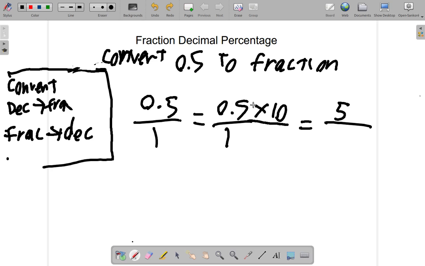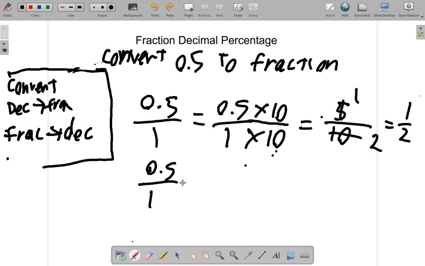It's like moving the point one place to the right. But 0.5 by 10 is actually 5. But we must compensate by multiplying the 1 by 10 too, so it's 5 over 10. So 5 into 5 is 1 time, 5 into 10 is 2 times, so you have a half. As I was saying before, if you multiply the 0.5 by 2 and this by 2, you're going to get 1 over 2.